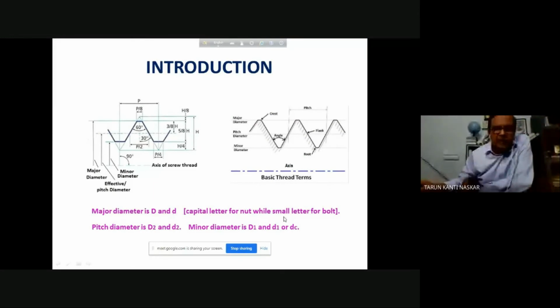Capital D is for nut, and small d is for bolt. For pitch diameter it is D2 and d2. For minor diameter it is D1 and d1 or dc. So these are the designations.